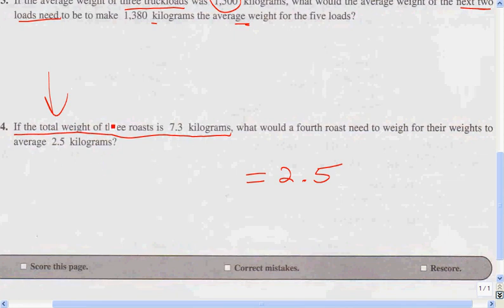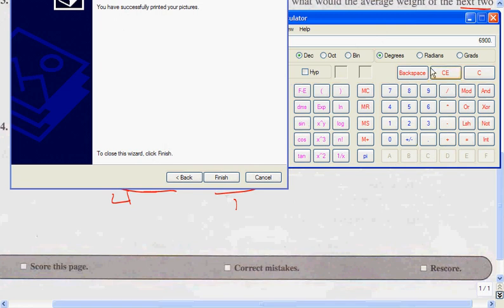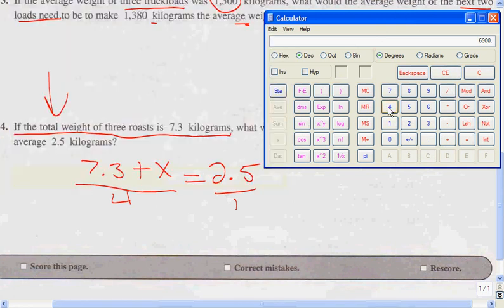So for the 3 roasts, we get 7.3 kilograms. We need to know what the 4th roast is going to be to equal 2.5. So since there's 4 roasts, I'm going to divide by 4. And again, I'm going to cross multiply. 4 times 2.5 equals 10.